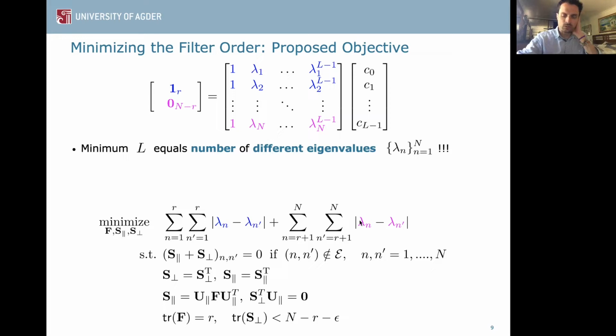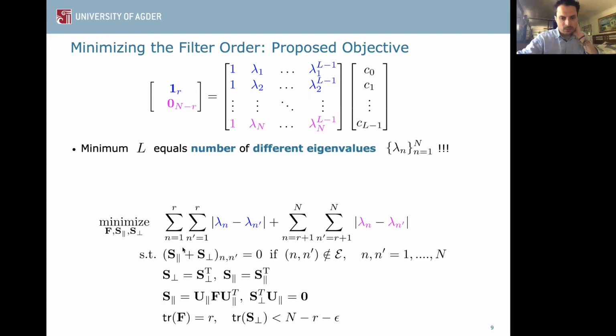We don't want to mix because otherwise we may end up having the same eigenvalue in both places, right? So promoting sparsity can be done, as usual, by an L1 norm objective, right?